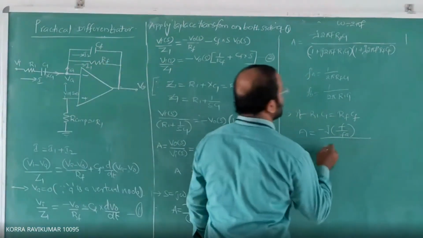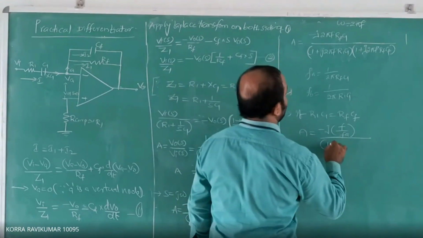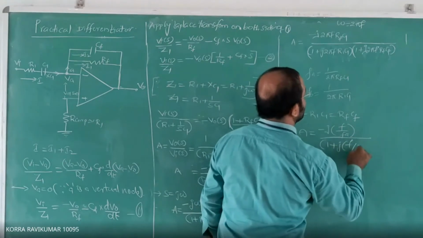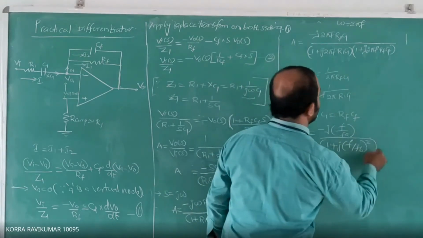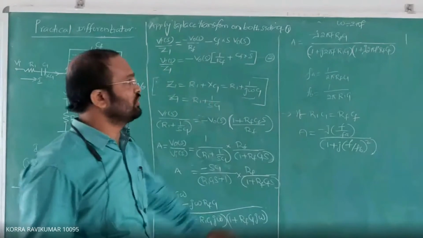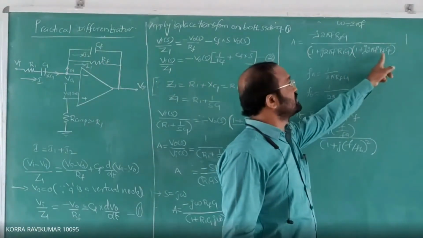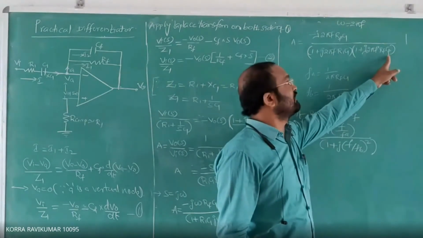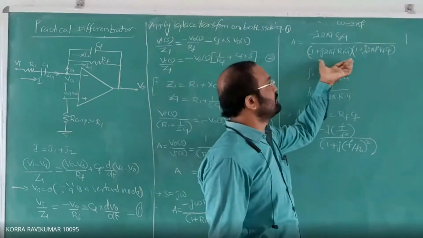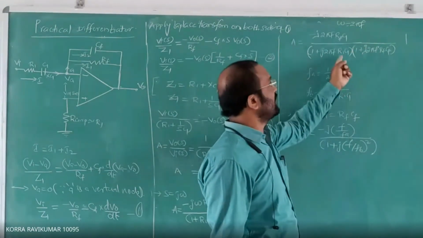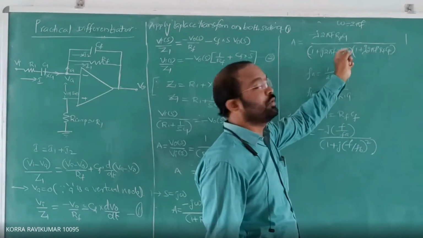divided by (1 plus j of f by fB) whole square. Because if R1 C1 is equal to RF CF, then here also R1 C1. This term into this term is equal to (1 plus j 2 pi f RF CF, or R1 C1) whole square.